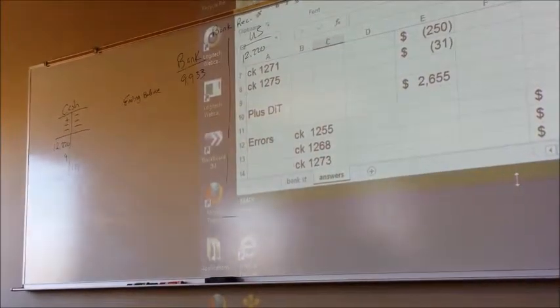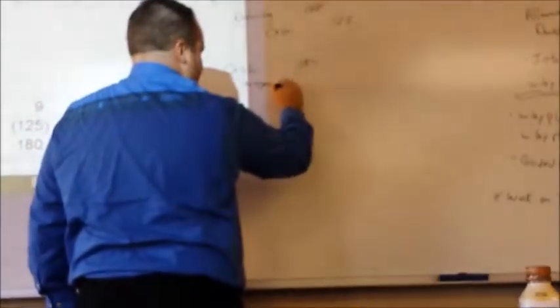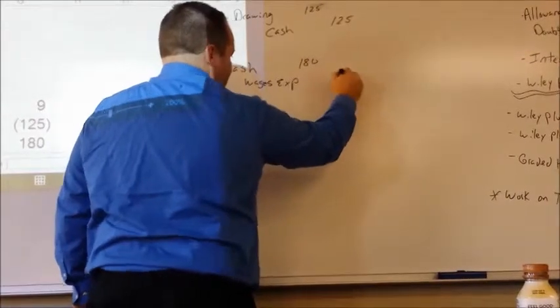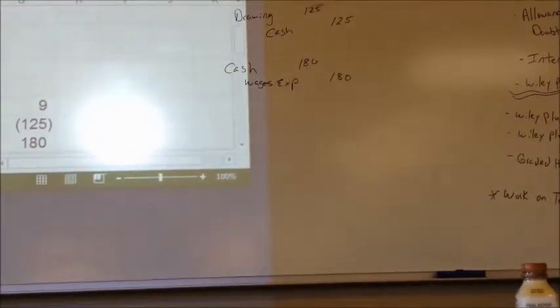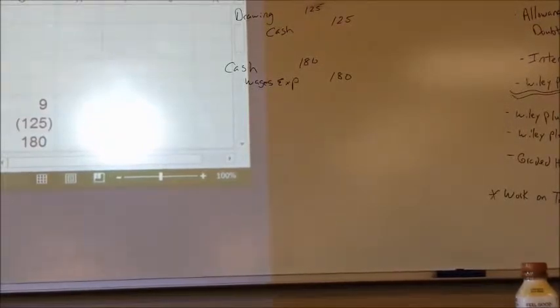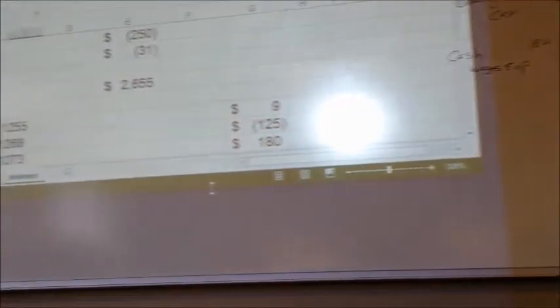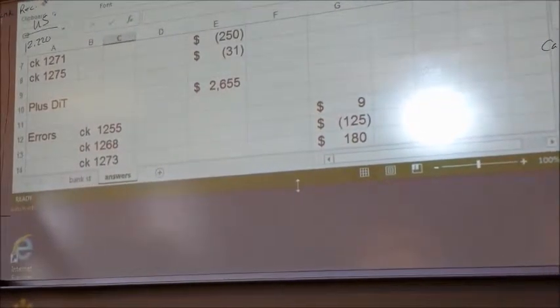I wrote it down wrong. I need to take $180 out of the wages expense because it didn't really happen. That's the last check error that I see.